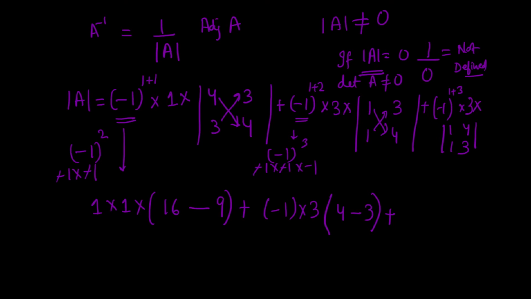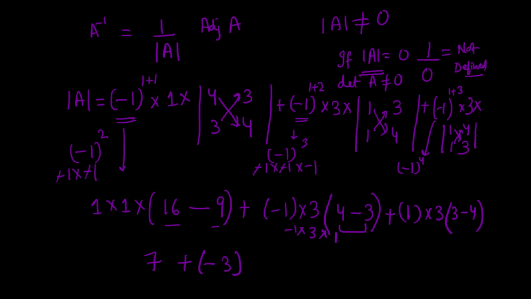Then again this becomes minus 1 to the power 4, that means minus 1 is multiplied 4 times. It's an even number, so the minus 1 gets cancelled. Now when you subtract 9 from 16, it's 7, and multiplying by 1 it's 7. Then 4 minus 3 is 1, and when you multiply by 3 and minus 1, this becomes minus 3.